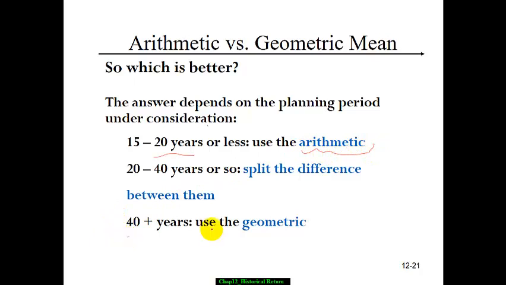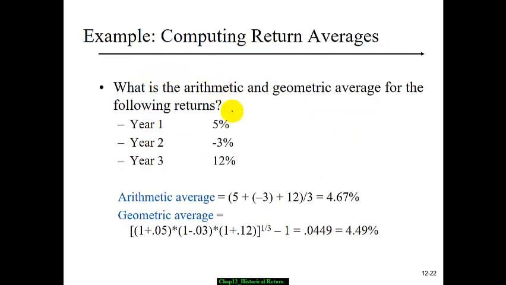If you have a long investment, then the compounding effect is more significant, so go with the geometric average. It is also very common to use a mixture of both measures, say, 40% and 60%, to get a weighted average measure. Come to our calculation part. So 3 annual returns. The simple average is adding up, divided by 3.